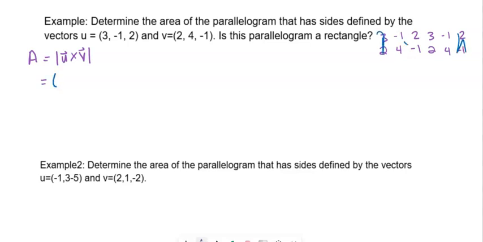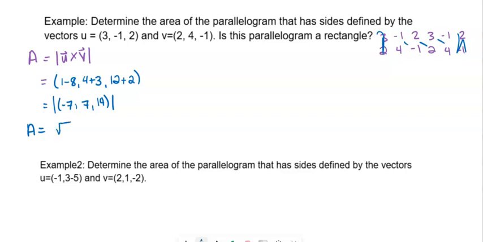Okay, I've got 1 take away 8. I've got 4 take away -3. I've got 12 take away -2. So I'm going to have -7, 7, 14 is the cross product. And so now I'm going to find the absolute value.